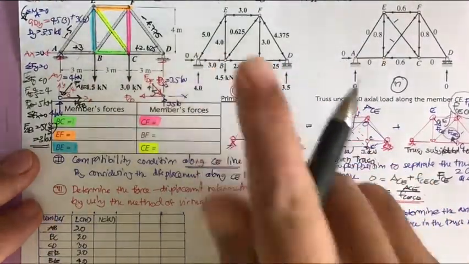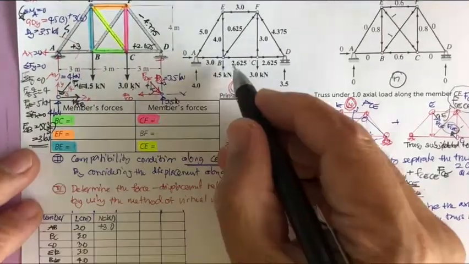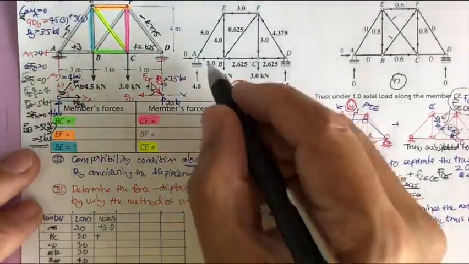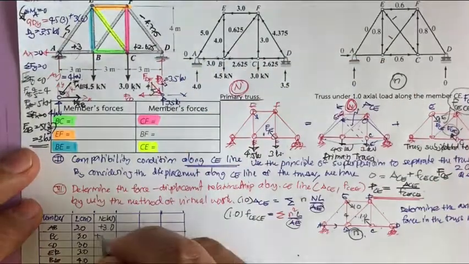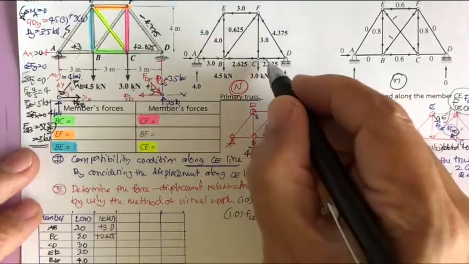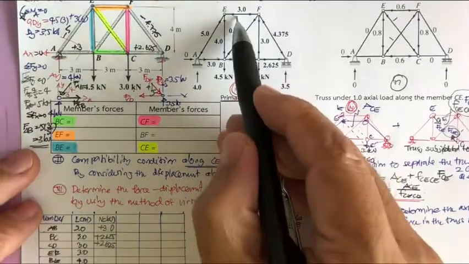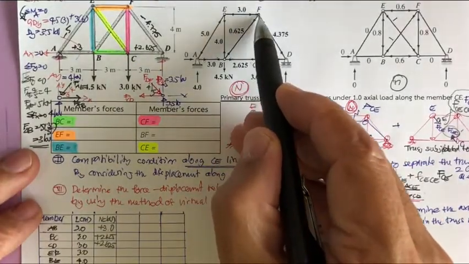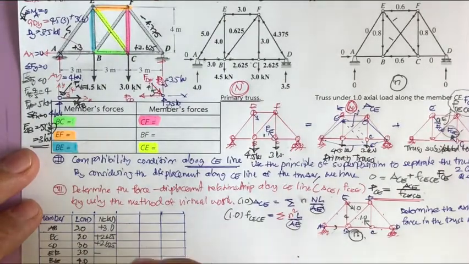Like this one is going to be plus 3.0. This one is plus, right? It's in tension, 2.625. And this one also in tension, plus 2.625. And this one is minus 3.0.